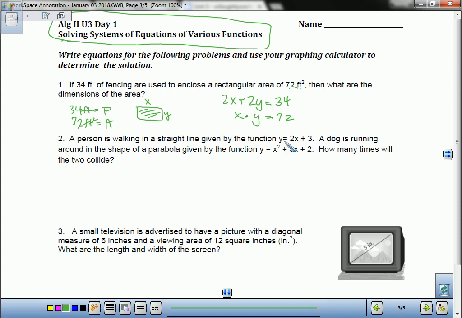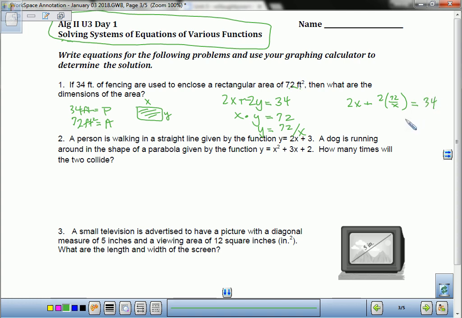So when you guys started solving systems, we solved them several different ways. One way was substitution. Now substitution would work well for this one, because if we solve this for y, we get 72 over x. And if we plug that back in here, we get 2x plus 2 times 72 over x is equal to 34.